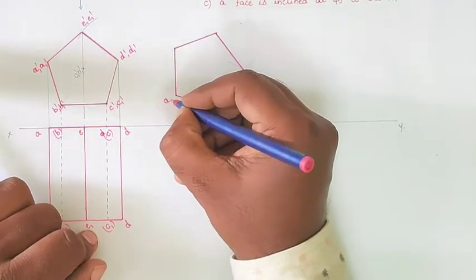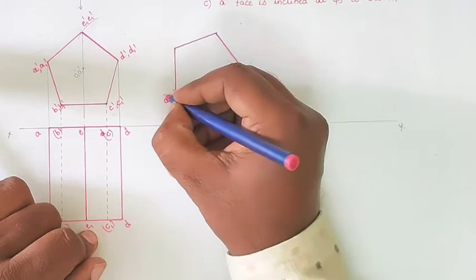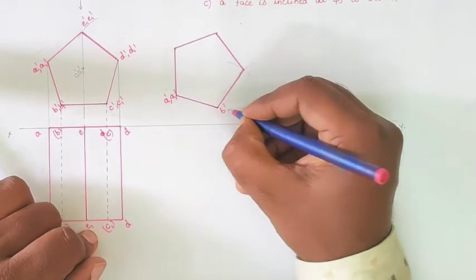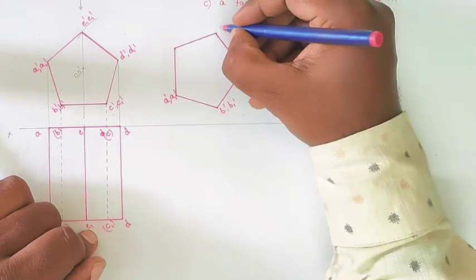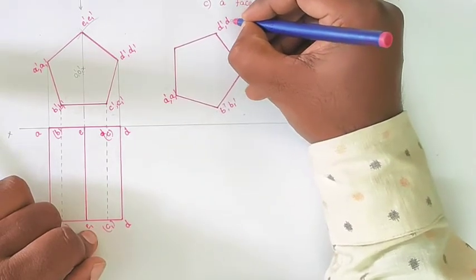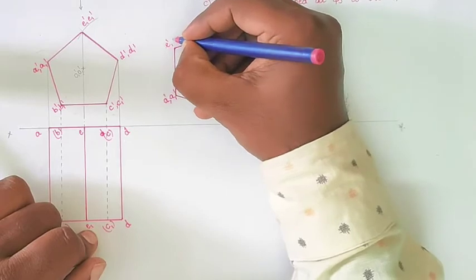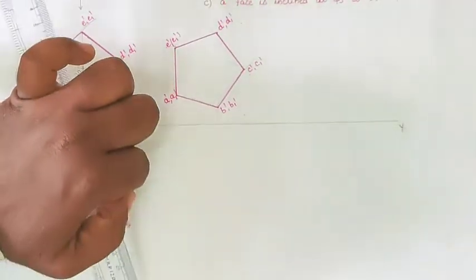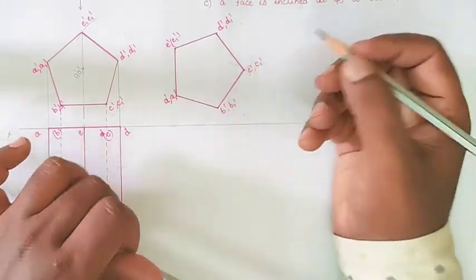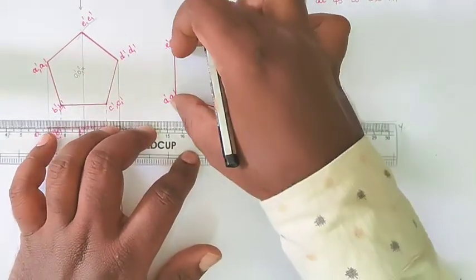After drawing the front view, mark A dash and A1 dash, B dash comma B1 dash, locating the points C dash comma C1 dash, D dash comma D1 dash, E dash comma E1 dash. Now locating the center point. How will we locate the center point for this edge?